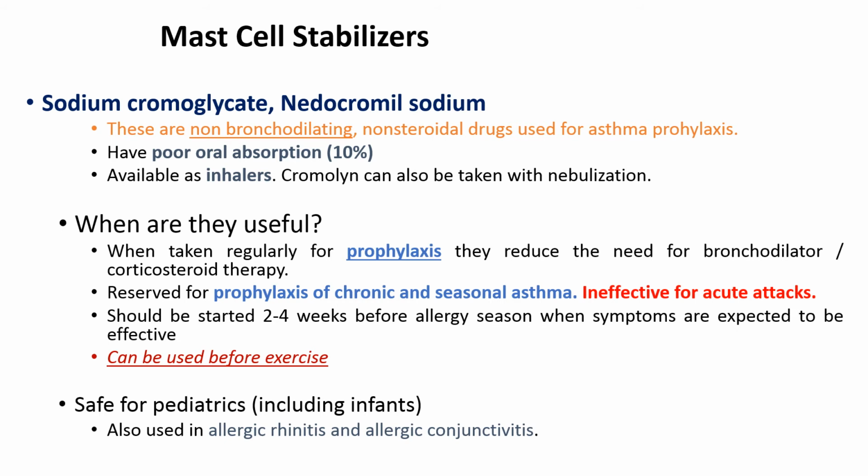They are only used for prophylaxis of chronic asthma. If a patient is prone to suffer attacks of asthma during a particular season or during particular weather, he or she can start this mast cell stabilizer 2 to 4 weeks before the symptoms are actually expected.